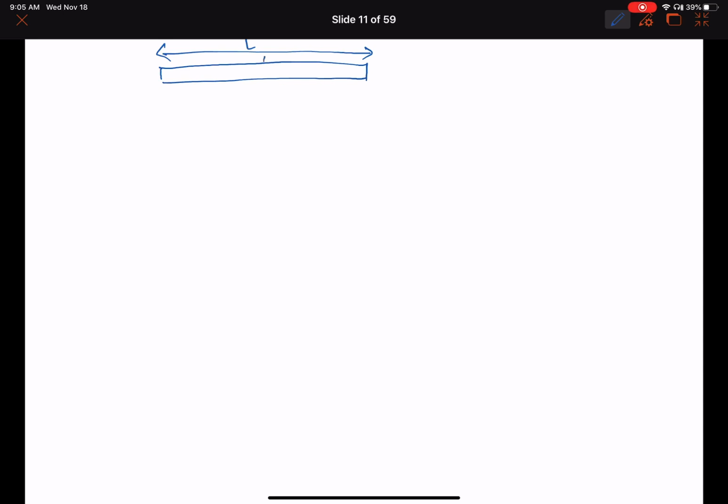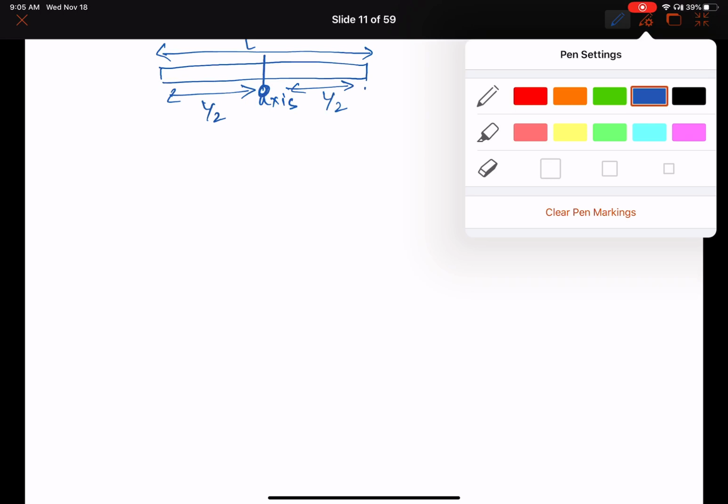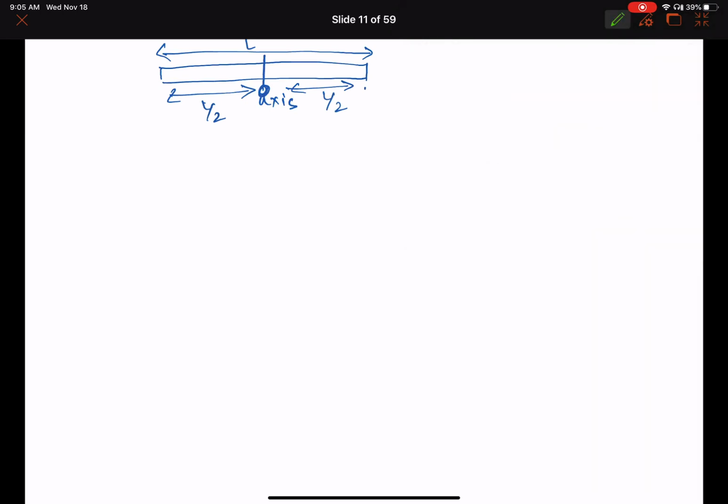So let's find I center of mass. This is my center, where I'm rotating through, at 0. The length from here to the end is L over 2. If I take a small portion of this, dx, that small portion is a small portion of the mass, dm.